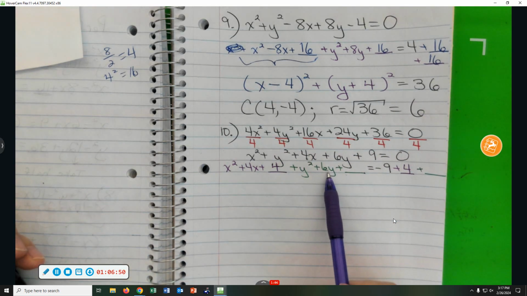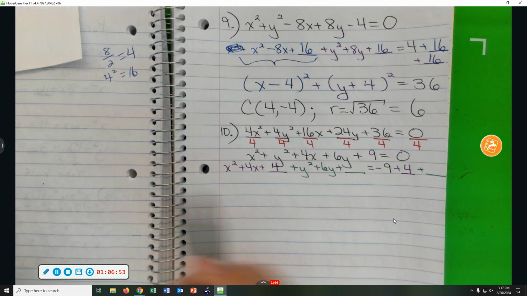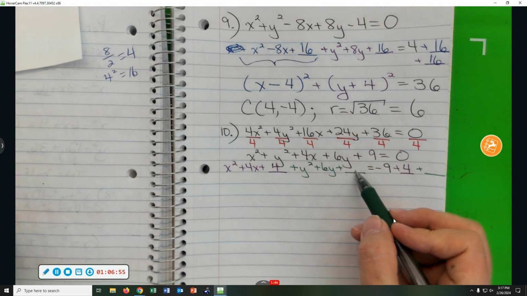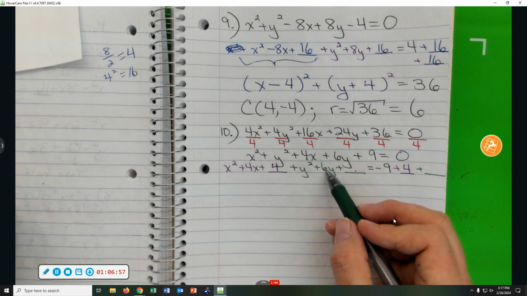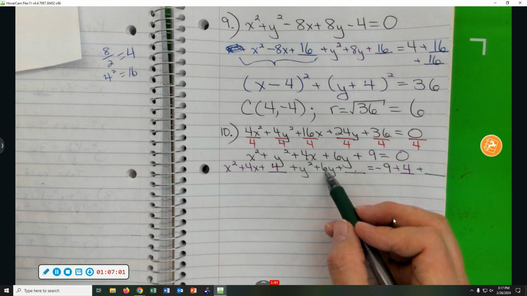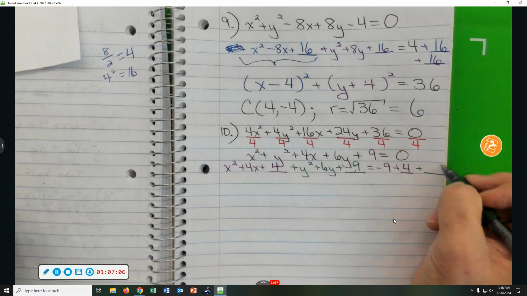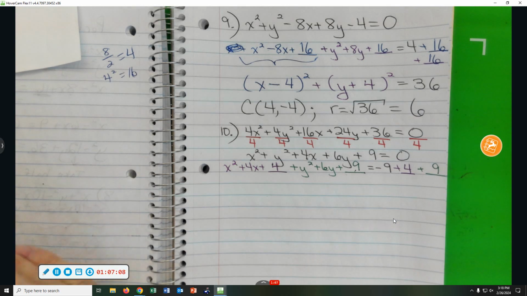Now the 6y. What number's going to go in the blank? 6 divided by 2 is? 3. 3 times 3 is? 9. So we put the 9 and the 9.